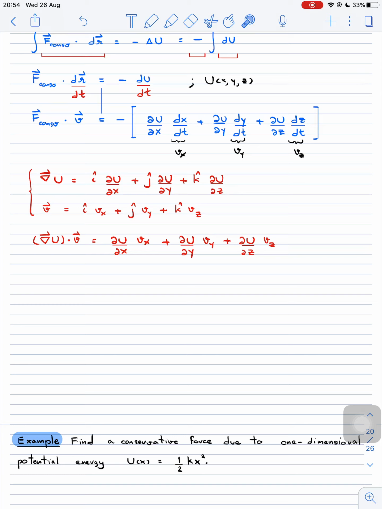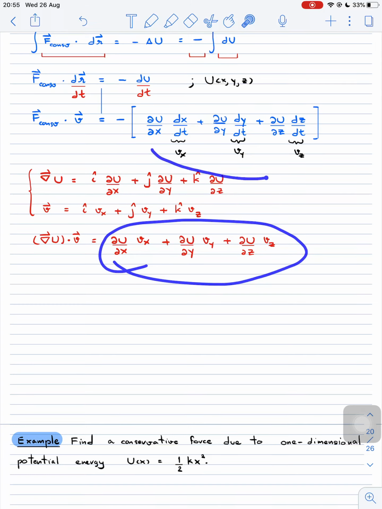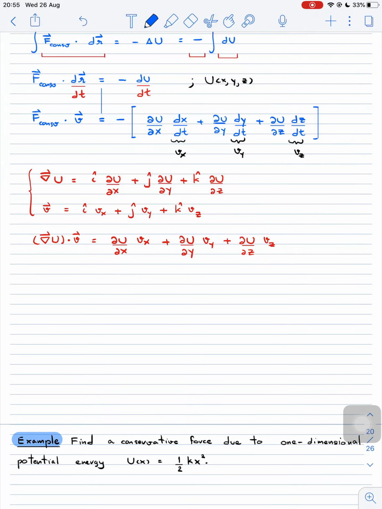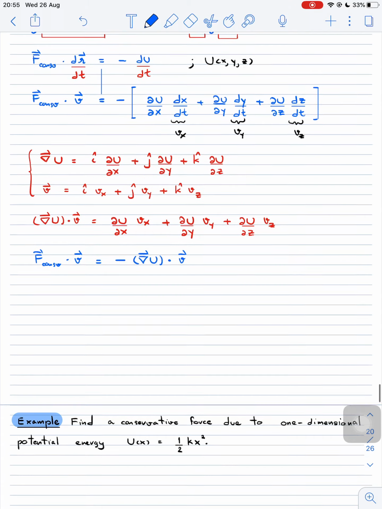If you compare this to the chain rule result, it is the same thing. Then you will get that the conservative force dot product with the velocity v is equal to negative of the gradient of u dot product with the velocity v.